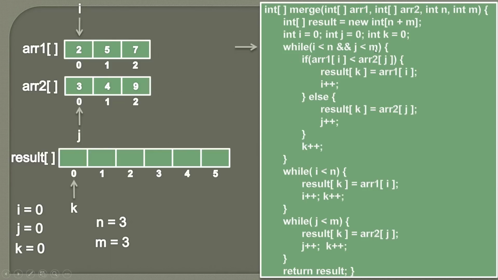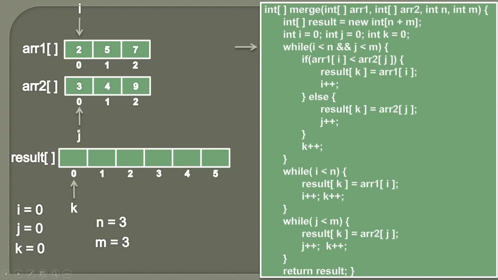Now why we have provided this condition is because as we are comparing and incrementing the values of i and j, which you can see here, there can be a chance that j goes out of bounds for array 2 and i goes out of bounds for array 1.